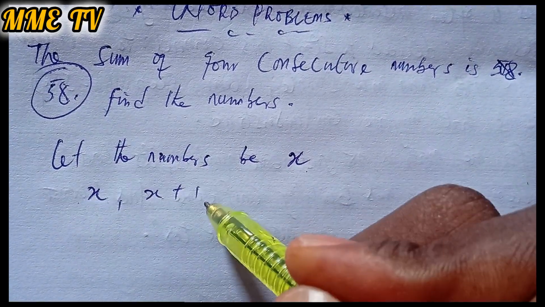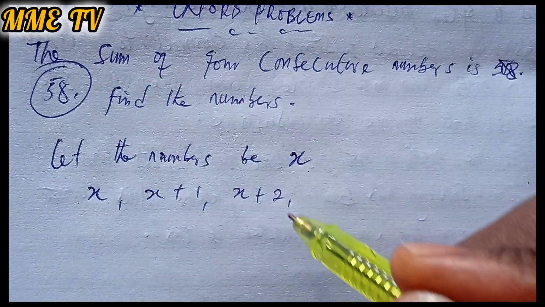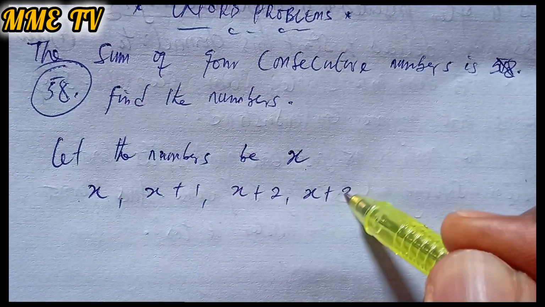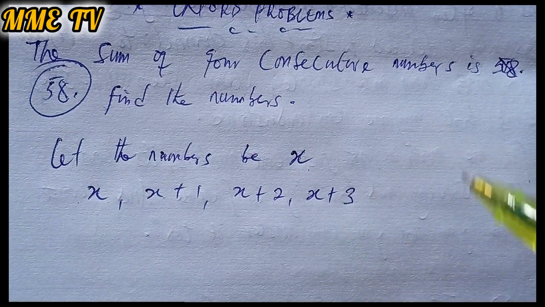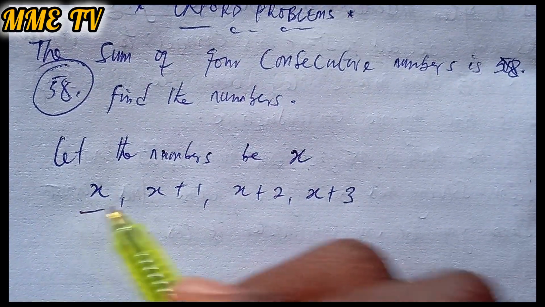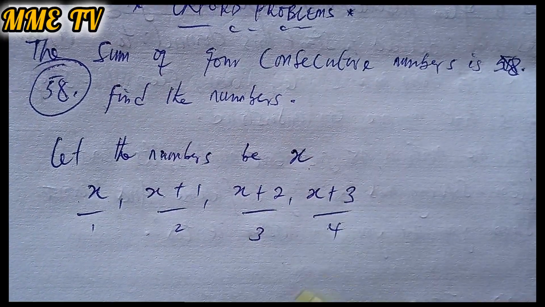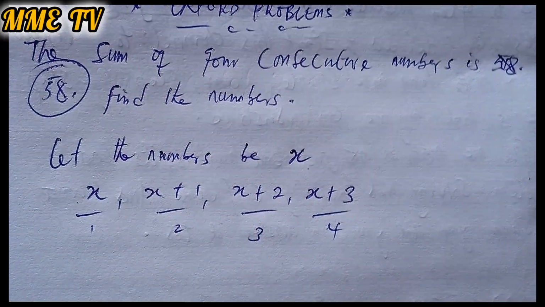Then x plus 1, the second consecutive number. Then x plus 2, the third. Then x plus 3, the fourth. These are the sets of numbers. This is 1, this is 2, this is 3, and this is 4, right?